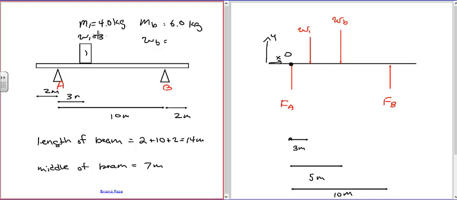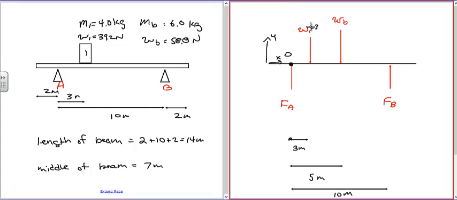So I get 39.2 newtons here, and 6 times 9.8 is 58.8. Carry an extra decimal point here. So those are the two weights. Let's put those down. 39.2, because we're summing forces, not masses. Okay, so those are the two forces.